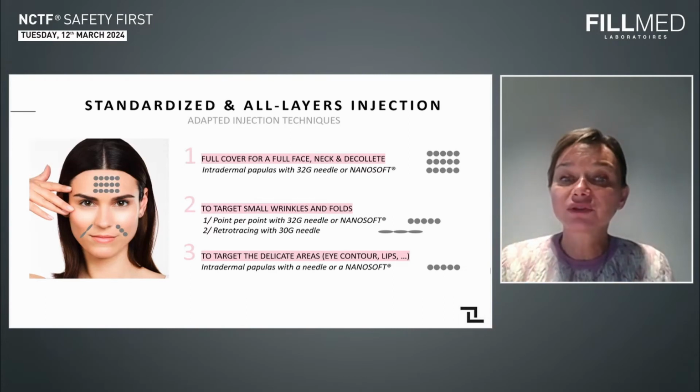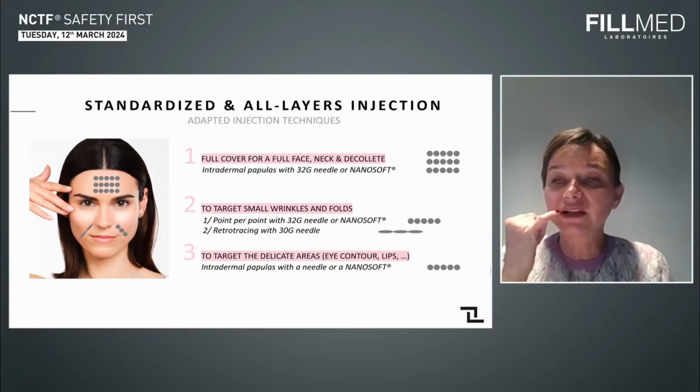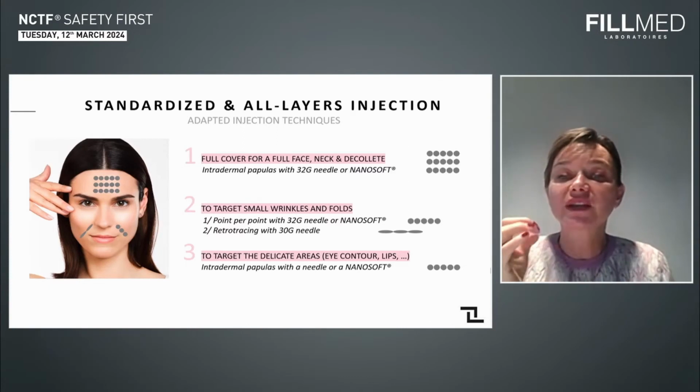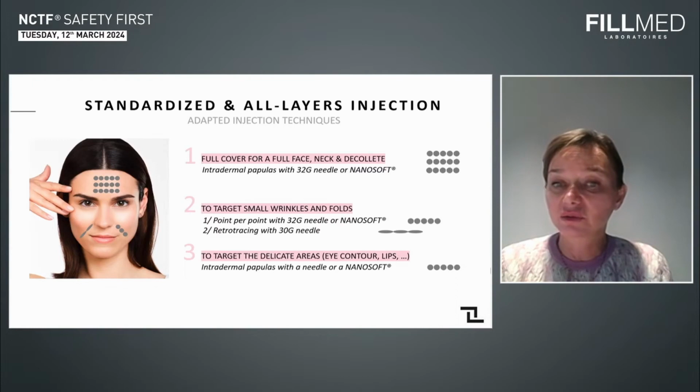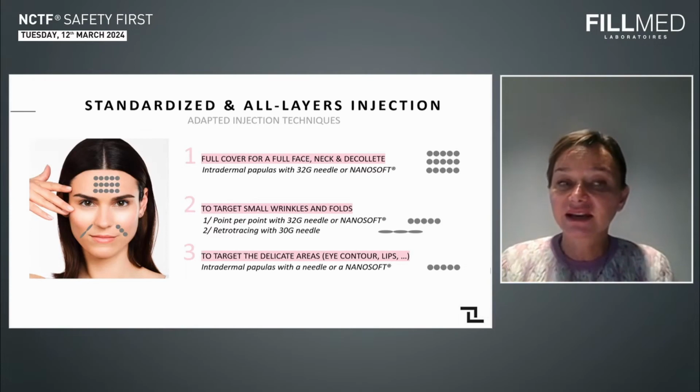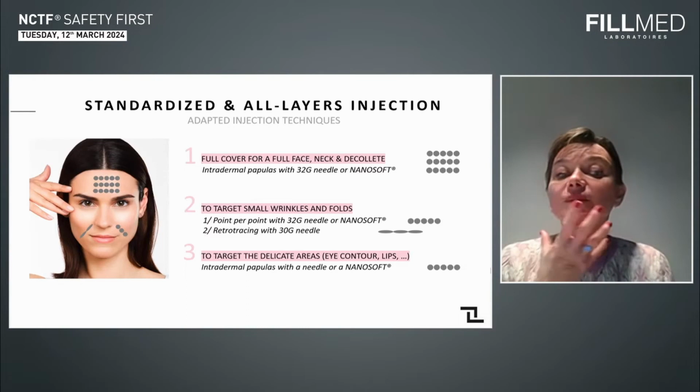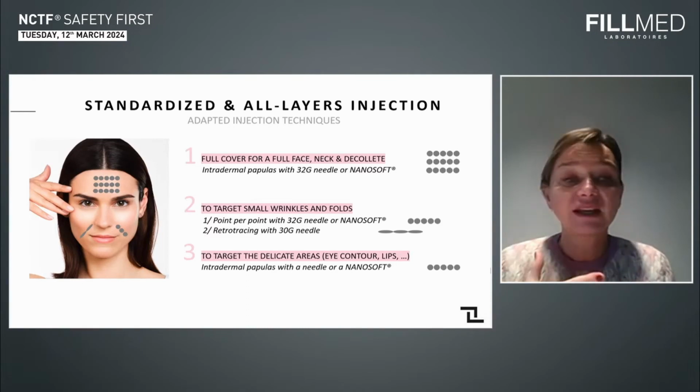To target small wrinkles and folds, use either a 32 gauge needle or nanosoft, and retrotracing with a 30 gauge. But for delicate areas, do not hesitate to use the nanosoft to create some small papules that will disappear.